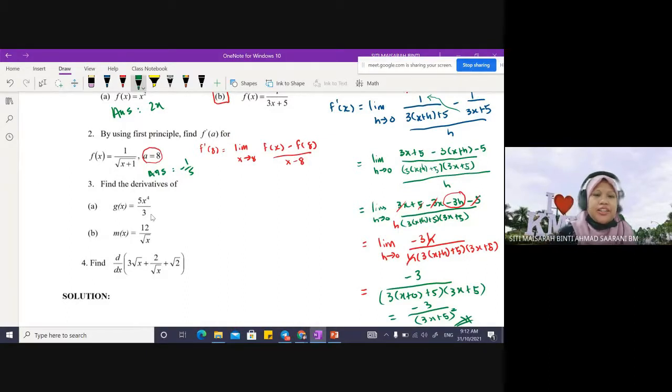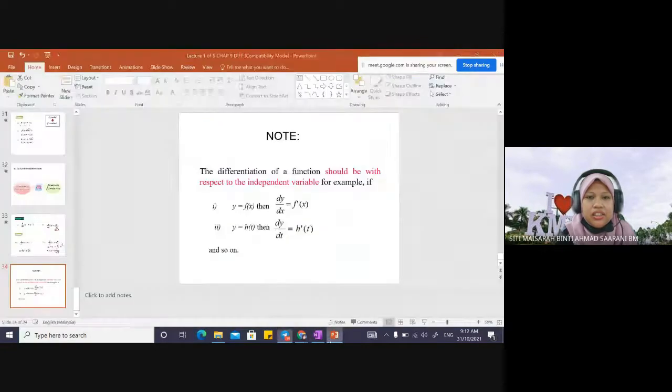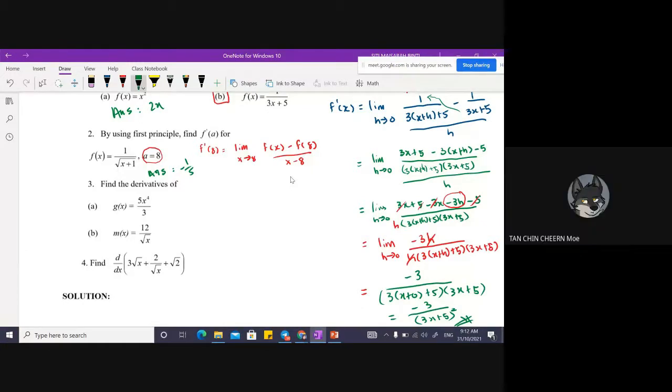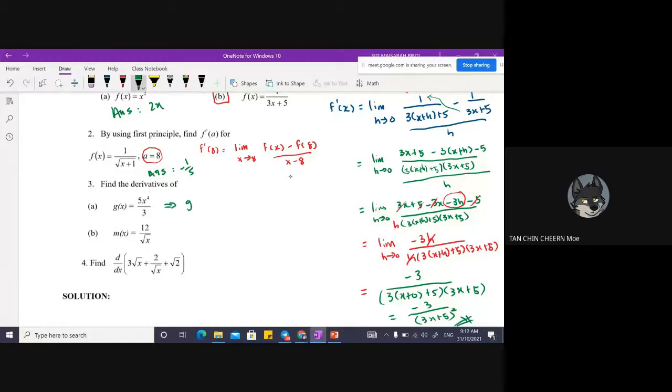Dapat berapa? Kalau Gx differentiate jadi apa? G prime x equals 20 over 3 times x cubed.